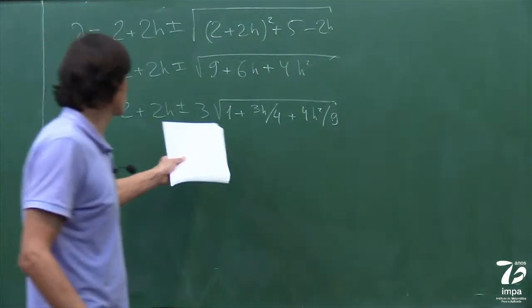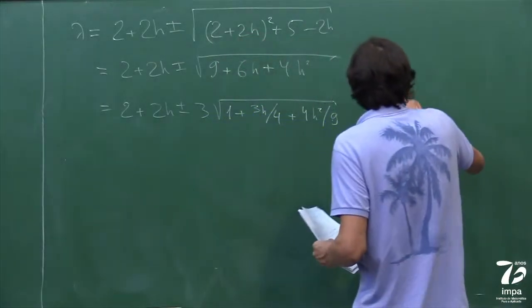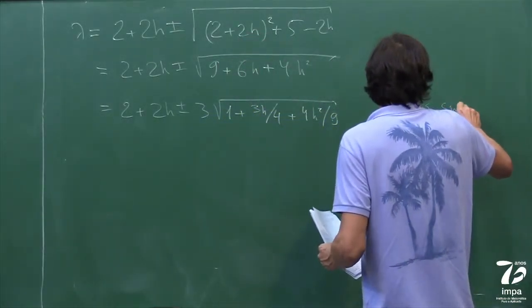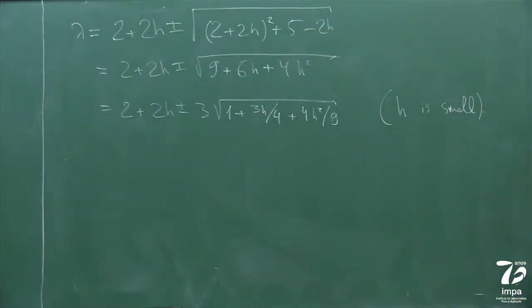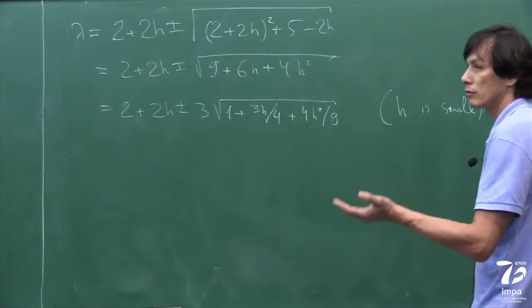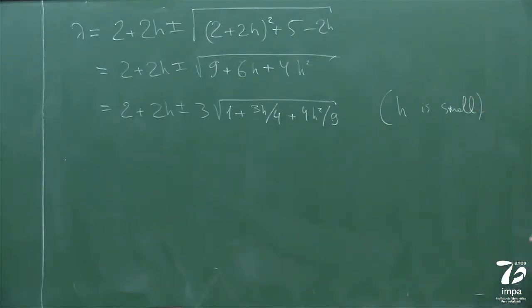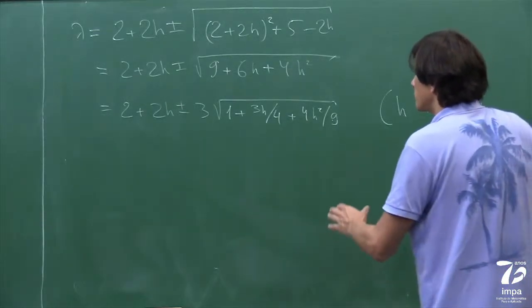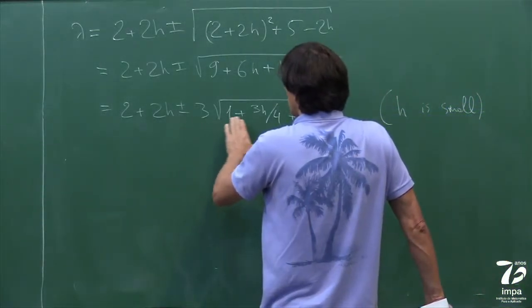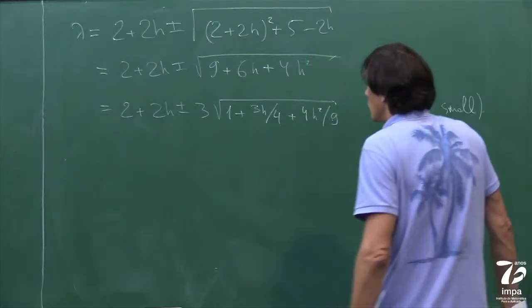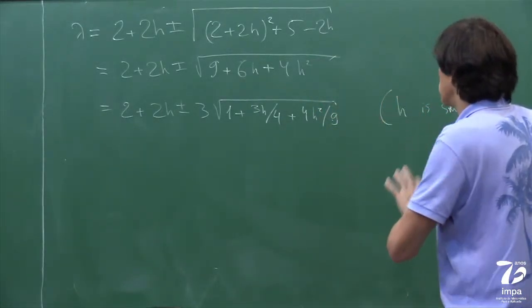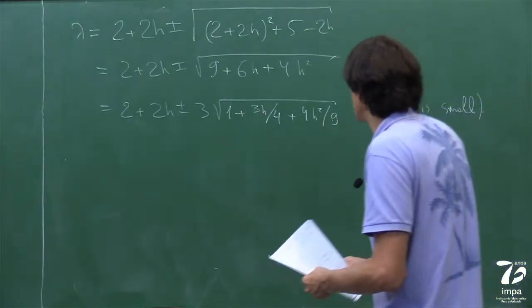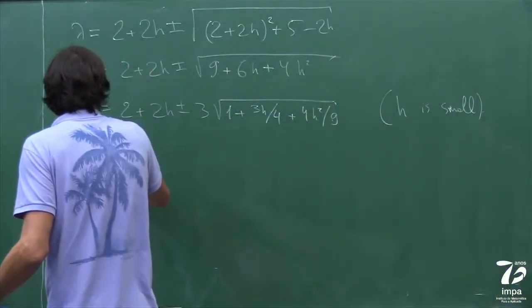I put 3 outside because remember that h is small. Our interest is in verifying that the method is convergent. Convergence of the method is when you take smaller and smaller steps. So h is small, and our interest is in understanding what happens when h is small. That's not so crucial because we have the form for any h, but we will need this formula.